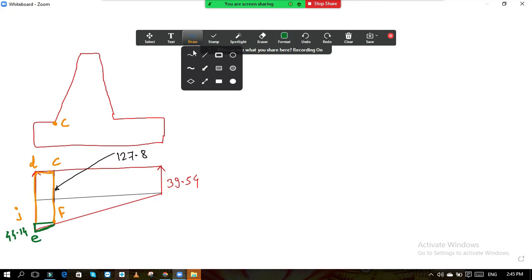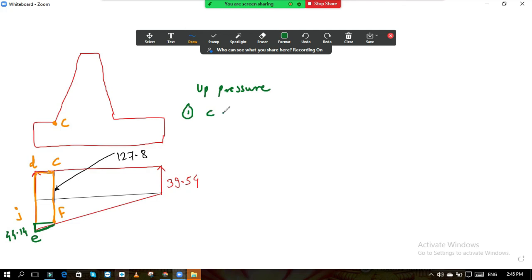Now we will calculate the upward pressure. So upward pressure, first this is CDJF, which is equal to, so what is this ordinate? 127.8 into, what is the length?